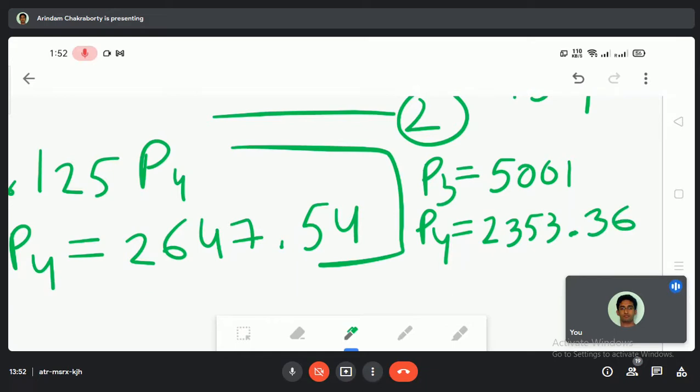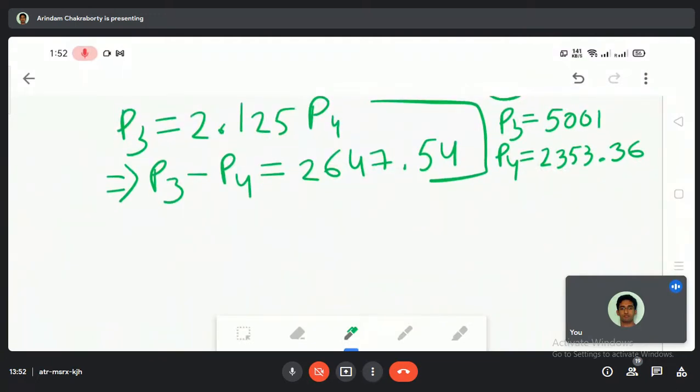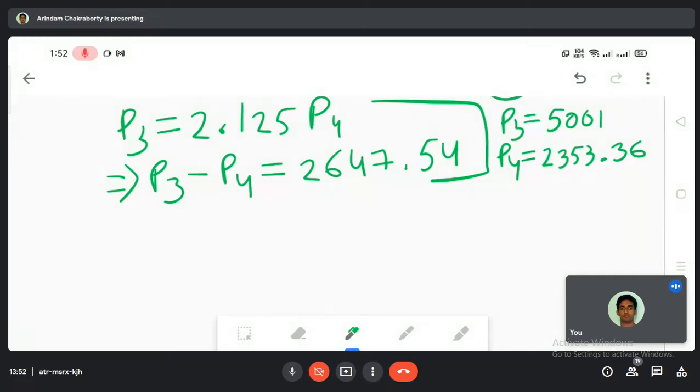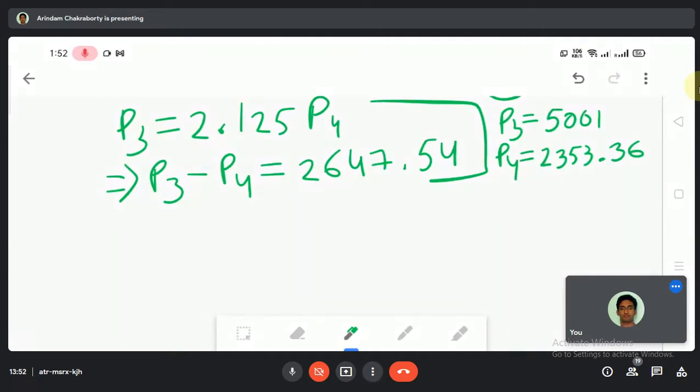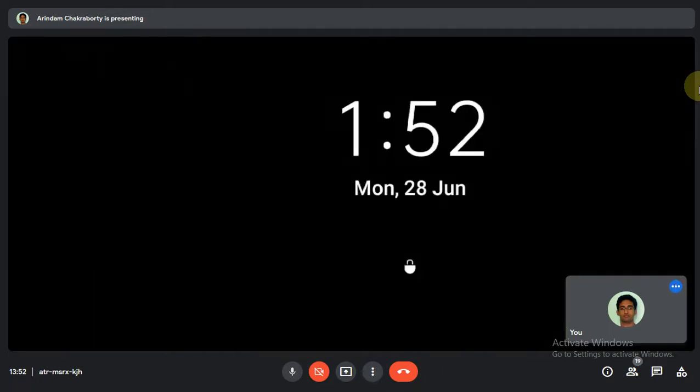So we have this P3 and P4. So don't worry. So what we got? We have got P1, P2, P3, P4. Fine. Our first operation is completed.